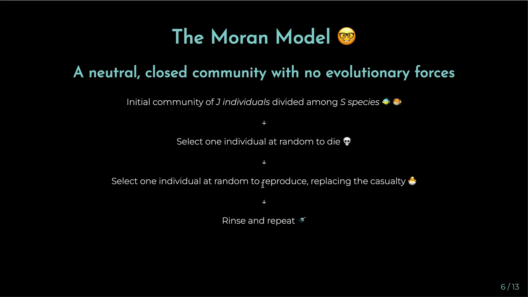You replace that individual by selecting another individual at random to reproduce, and that replaces the casualty. The only thing that determines the likelihood of whether a species is going to reproduce is the number of individuals that species has in the community. And then you just rinse and repeat that same process over however many time points you want. And you can already see how a for loop would be a very good way of dealing with this.